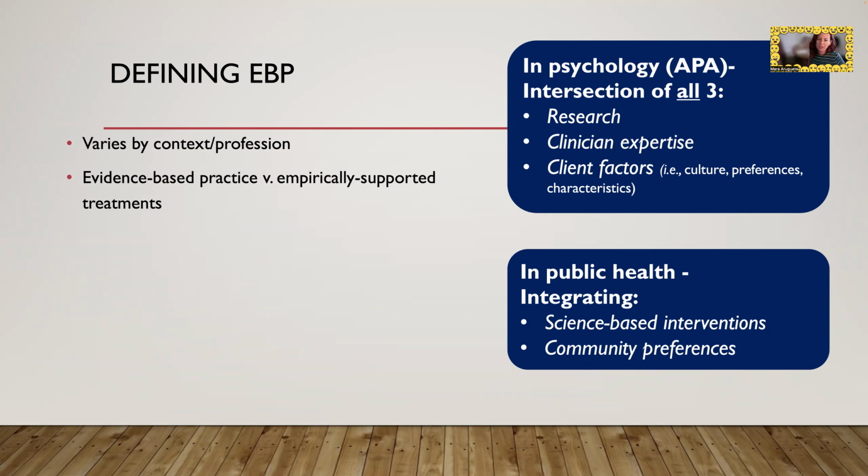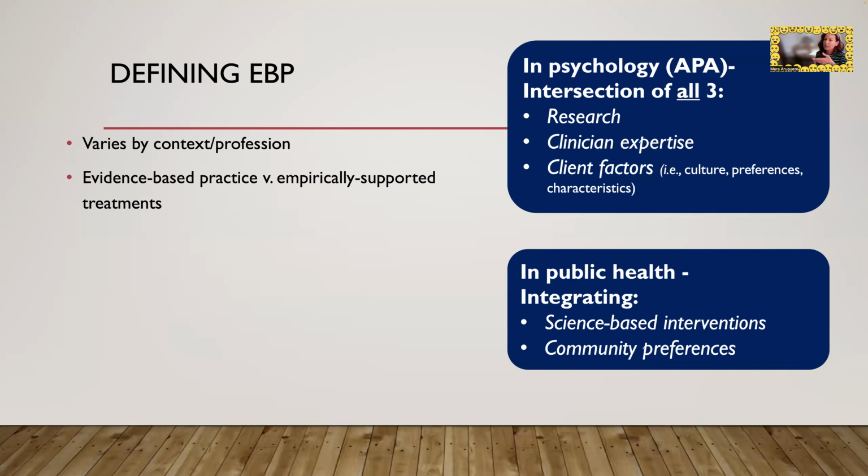In psychology, what we see is an intersection of three things we define as evidence-based practice. It's research, and by that I mean the randomized control trials, and we do use those, and they're important. But we also use clinical expertise, because clinicians know what is working out there with their clients and what things they would be able to implement, maybe because of cost considerations as well with their clients.